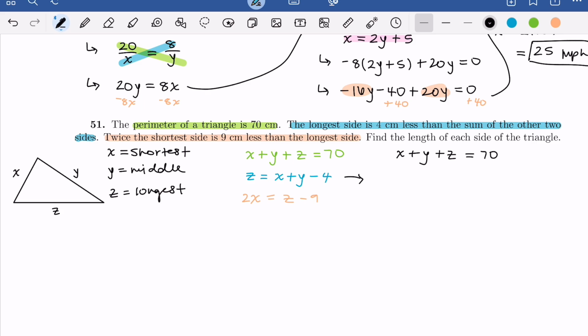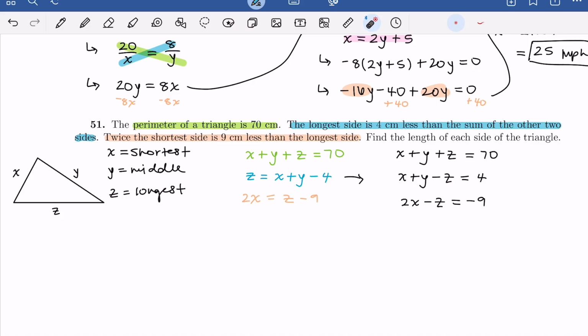So if I subtract z, I'm going to get x plus y minus z. And then since I'm adding 4 to both sides, I'm going to get a positive 4 on the other side. And then lastly, for this one here, I'm just going to subtract z from this side. I'm going to get my variable terms 2x minus z, and then my constant term of minus 9 separated.